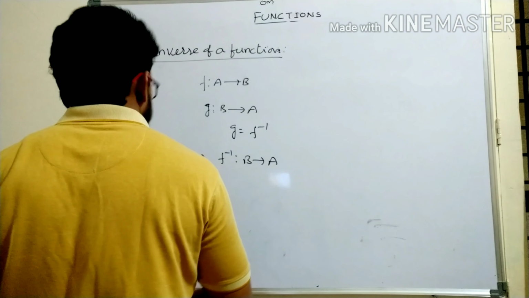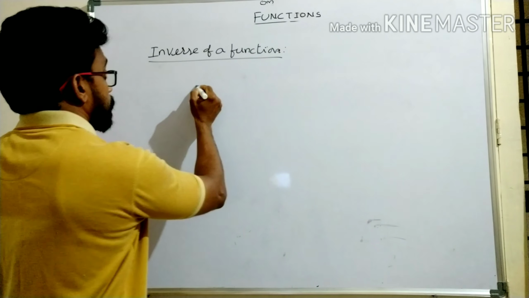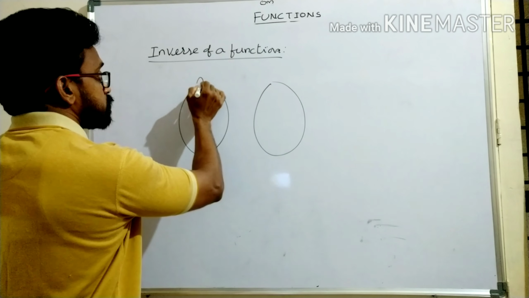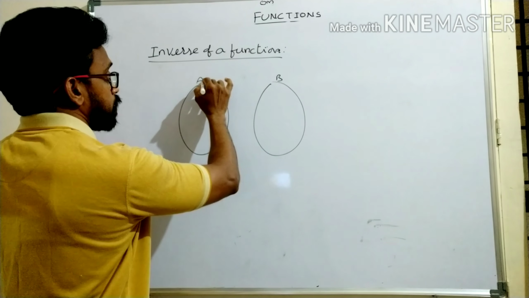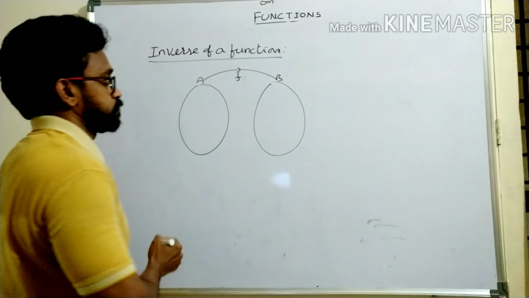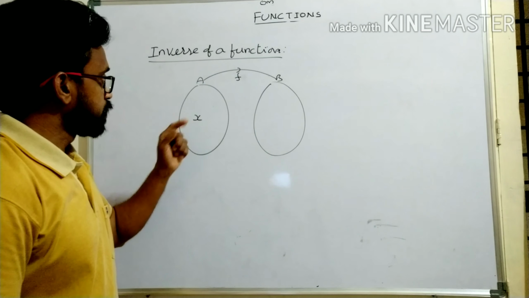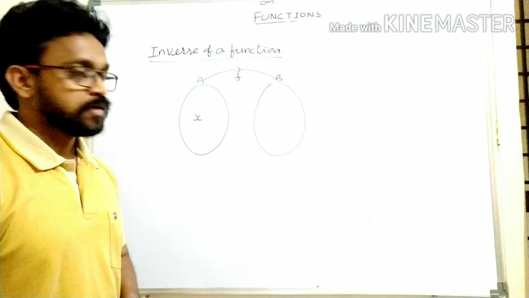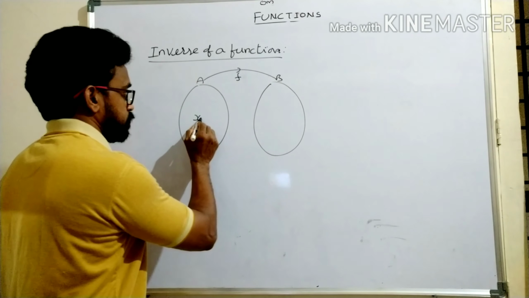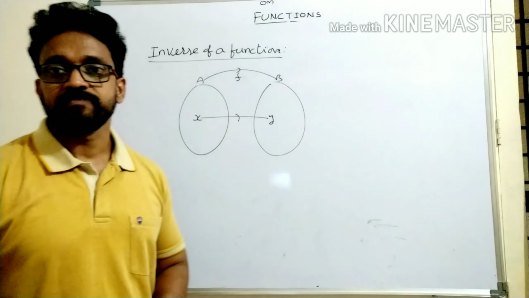Now observe: this is A, this is B. f is a mapping from A to B. Suppose x is an element in domain A. Suppose its image is y. So x is connected to y.